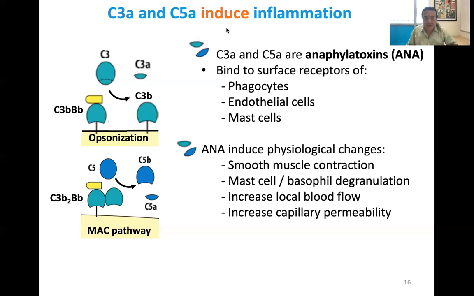These little pieces of C3a and C5a, they bind to receptor proteins that are on immune cells that can interpret them and use them as a message to come help out. But importantly, they can also bind to the surfaces of immune cells that release things like histamines that cause a lot of inflammation to happen. And they can bind to receptors on endothelial cells, which are the lining of your blood vessels.